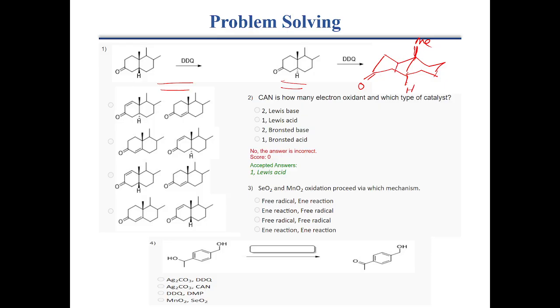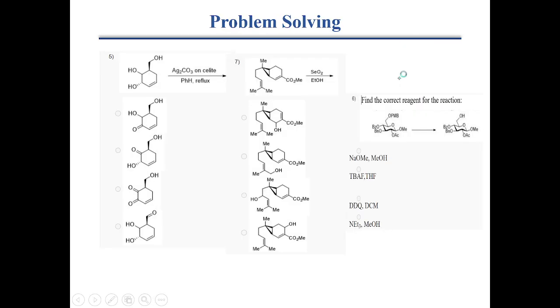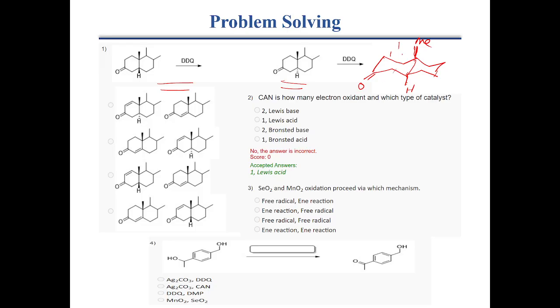What happens in the presence of DDQ? This is the trans form, and the cis form is next.